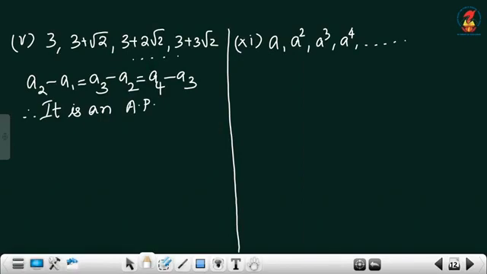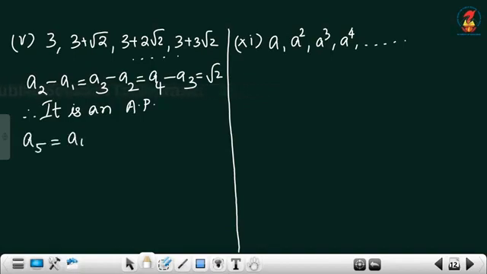So the question is, if it is an AP, you have to find 3 more terms, and D is equal to root 2. A2 minus A1 is equal to A3 minus A2 is equal to A4 minus A3 is equal to root 2. So it is an AP. So you have to find 3 more terms.